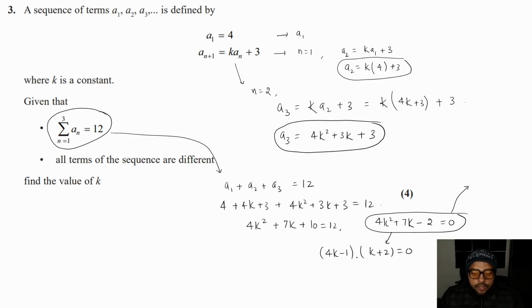From here, we have (4k negative 1) times (k plus 2) equals to 0. We'll be solving it here, students. So 4k negative 1 will be equal to 0, and k plus 2 will be equal to 0. From here, we'll get k equals to 1 by 4 and k equals to negative 2.